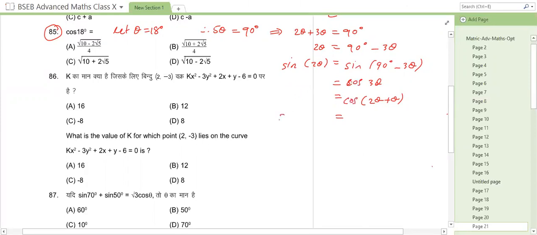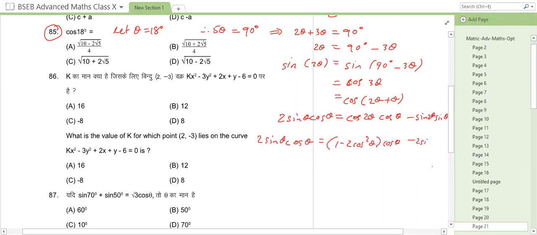So cos should give us 2 sine theta cos theta on the side, equal to cos 2 theta cos theta minus sine 2 theta sine theta. So you have 2 sine theta cos theta on the side is equal to, expanding everything in terms of cos here, (1 minus 2 cos squared theta) cos theta minus 2 sine theta cos squared theta.